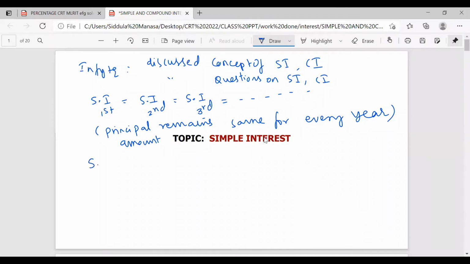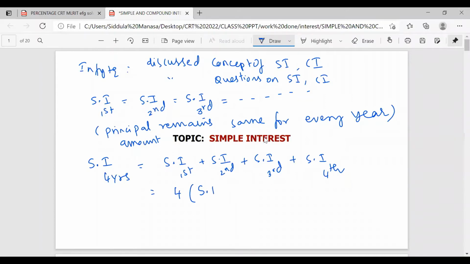So simple interest for 4 years, how can you write it? Simple interest earned for the first year plus simple interest earned for the second year plus simple interest earned for the third year plus simple interest earned for the fourth year. But we know that simple interest for every year is the same. We can write it as 4 times the simple interest for 1 year.